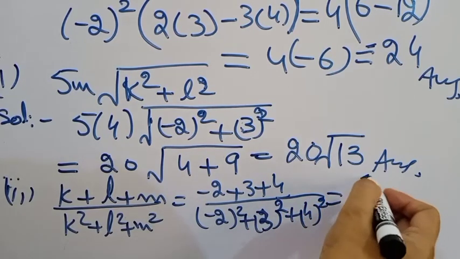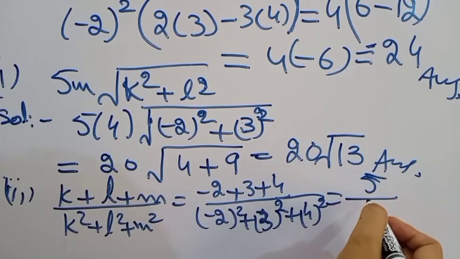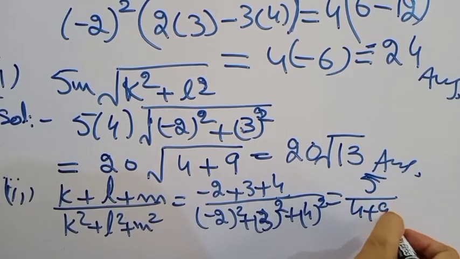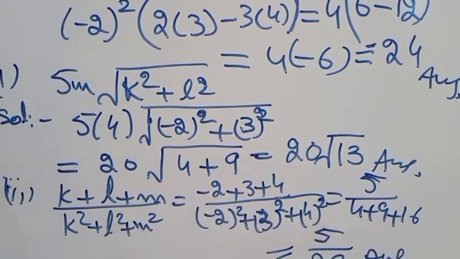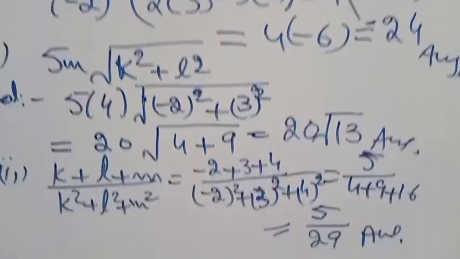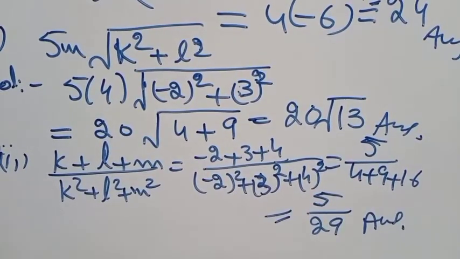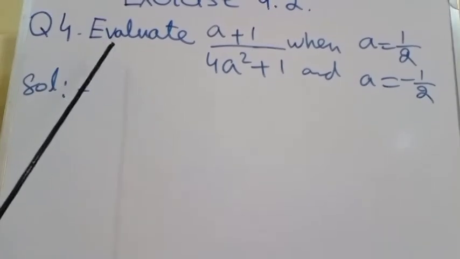This is equal to 5 divided by 4 plus 9 plus 16. This is equal to 5 divided by 29, which is our answer.